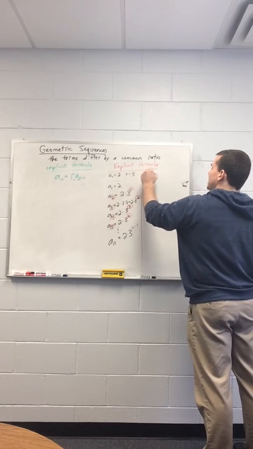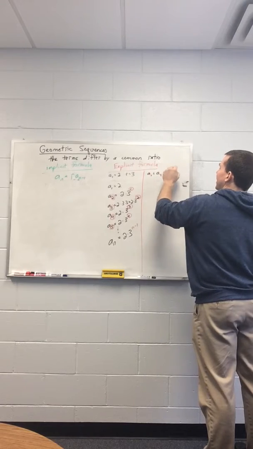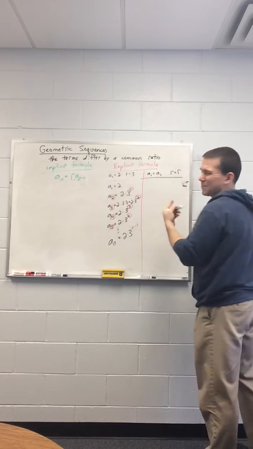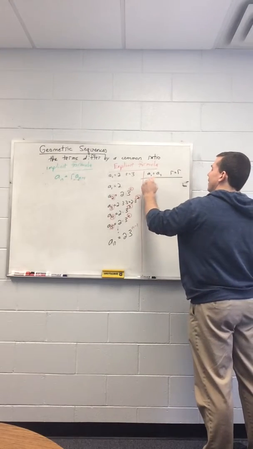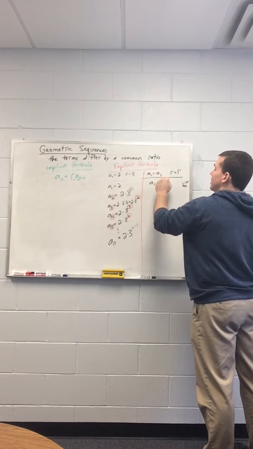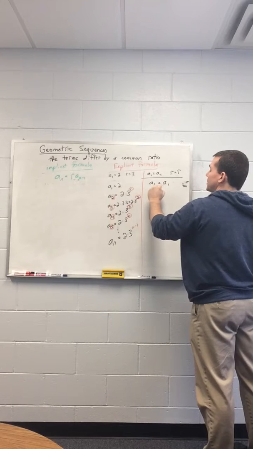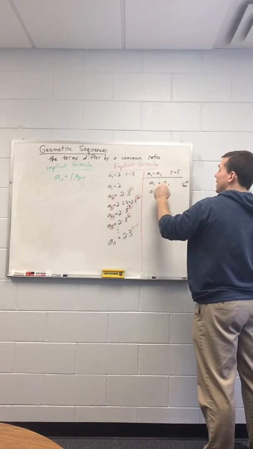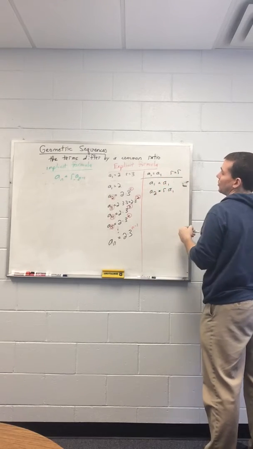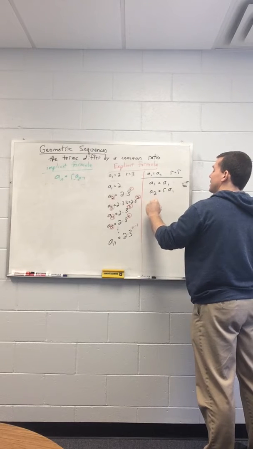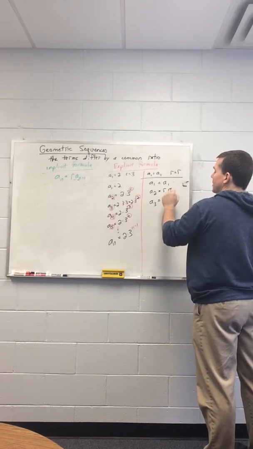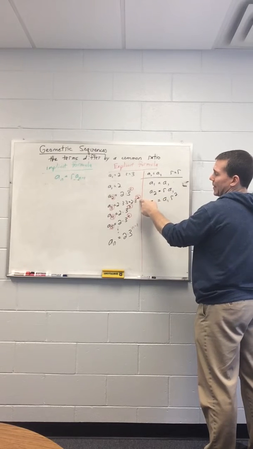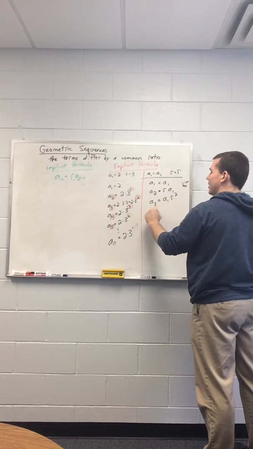So suppose we just let a sub 1 equal a sub 1, and let r equal r. I know that's redundant, we don't really need to write it, but whatever. First I have a sub 1, then I have a sub 2. A sub 2 will be the ratio r times a sub 1. A sub 3 will be a sub 1 times the ratio squared. We saw that right here. Take the ratio and square it.